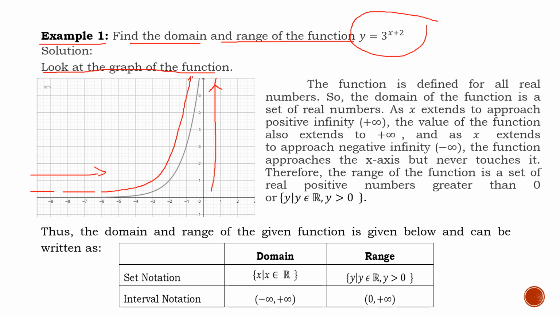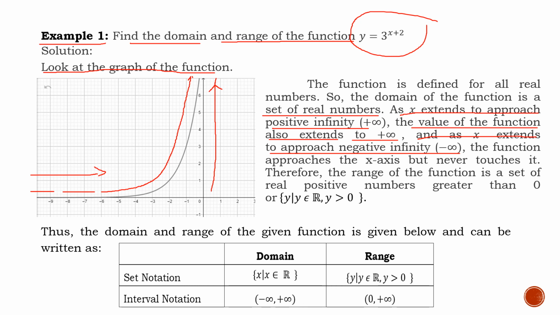So the domain of the function is the set of real numbers as x extends to approach positive infinity. So the value of the function also extends, as x extends to approach negative infinity.